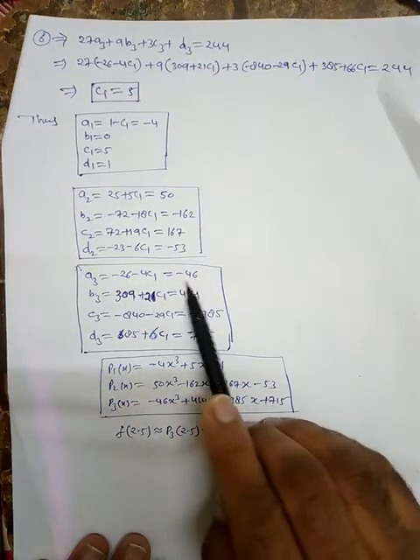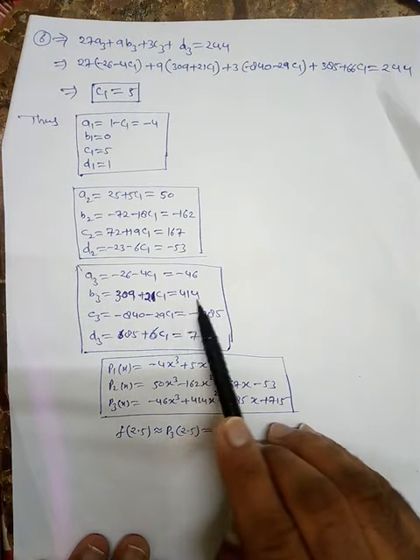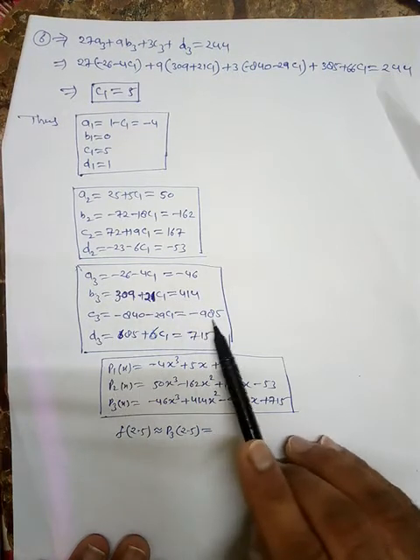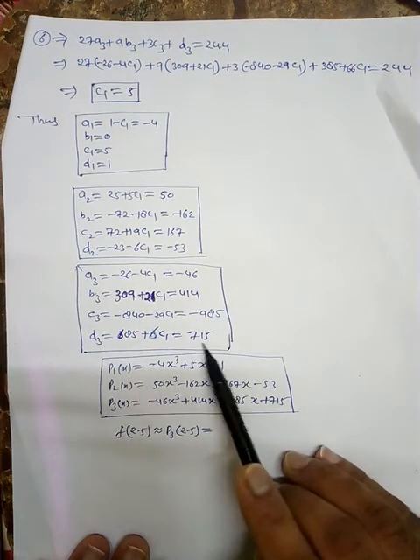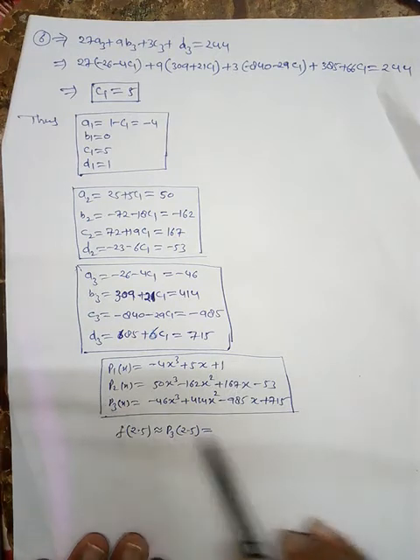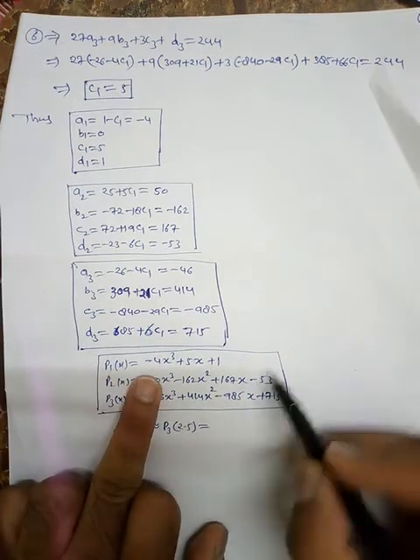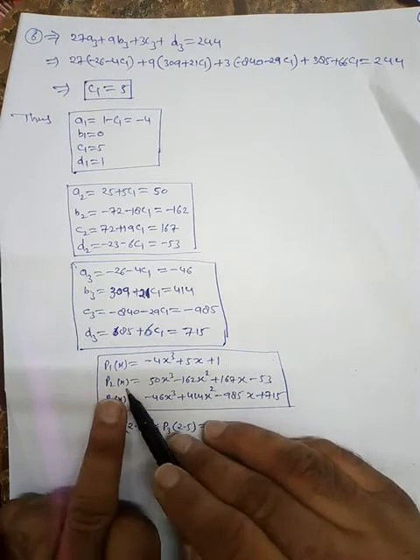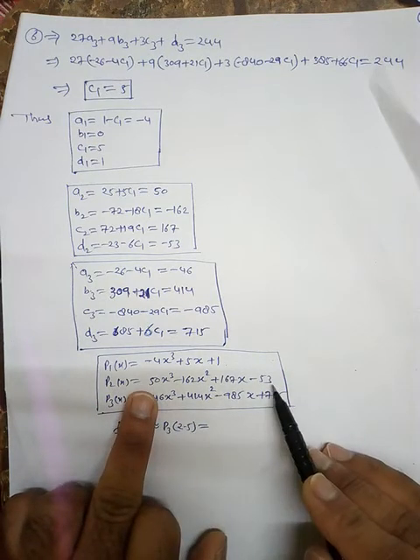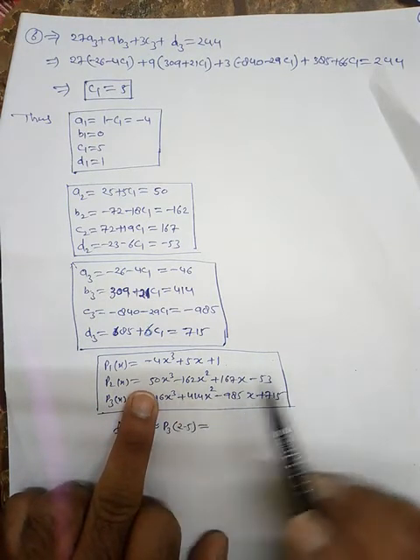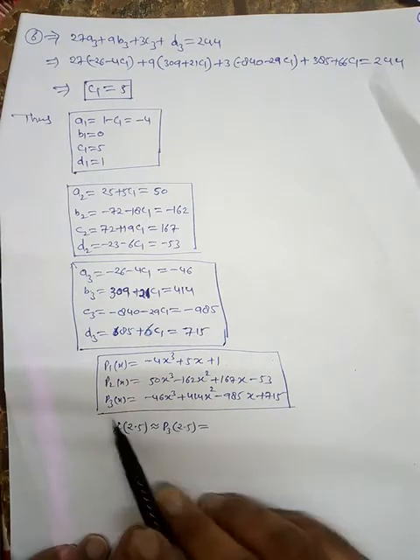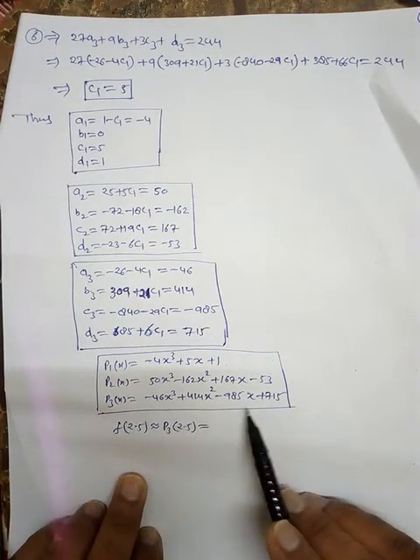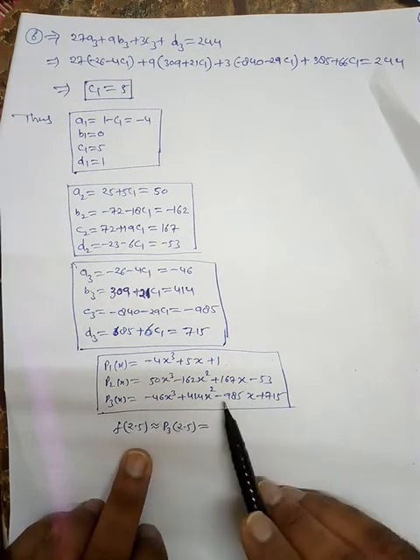Then a3 is minus 46, b3 is 414, c3 is minus 985, d3 is 715. So ultimately the polynomial is this. P1 is this, which is valid in the interval 0 to 1. Then P2 of x, this polynomial, is valid in the interval 1 to 2. And the last polynomial is P3, which is valid in the interval 2 to 3.